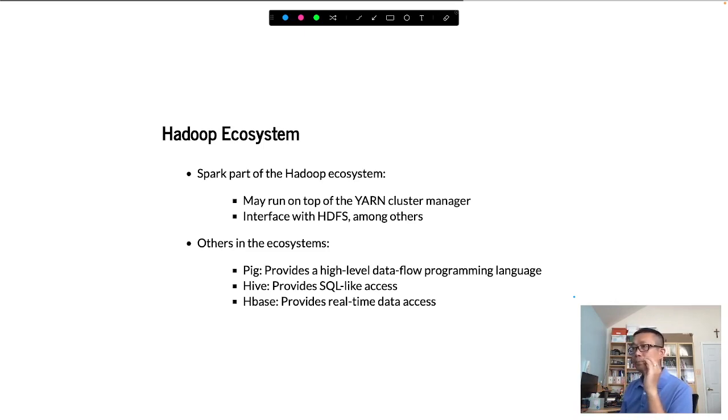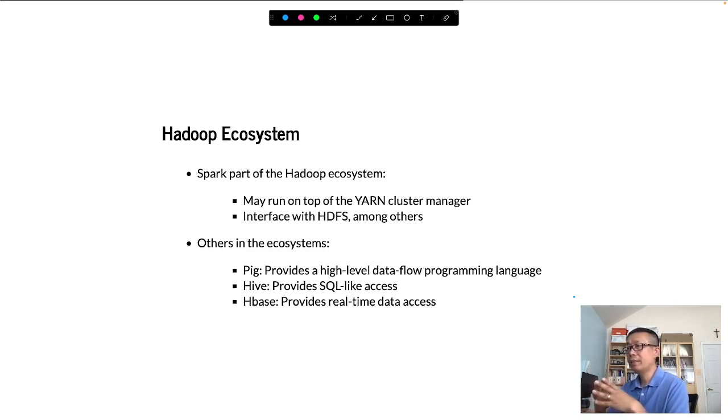So now, in the early days of MapReduce, Hadoop was the major open source implementation of it, and now Spark is also part of the Hadoop ecosystem that may run on top of the existing Hadoop implementation of the cluster management, and it also interfaces with the Hadoop distributed file system, or HDFS, among others. So there is certain integration of Spark with existing Hadoop implementation.